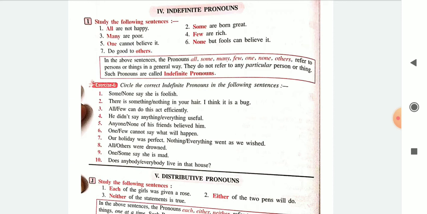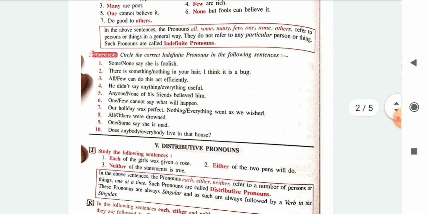Let us do the exercise. Some say she is foolish. You just have to circle the right word. So here, some. But while doing the exercise, you will come to know the various indefinite pronouns that are being used. Let's do the second one. There is something in your hair. Something. The third one.